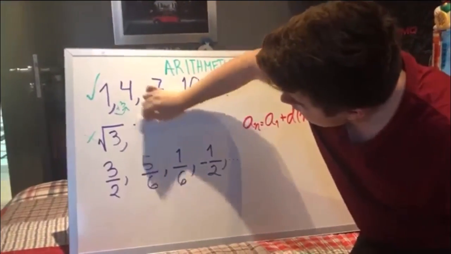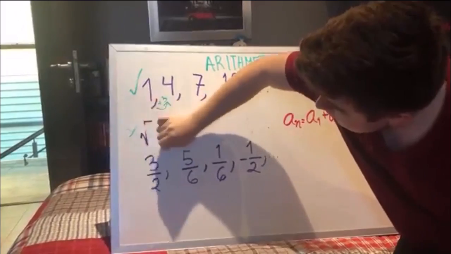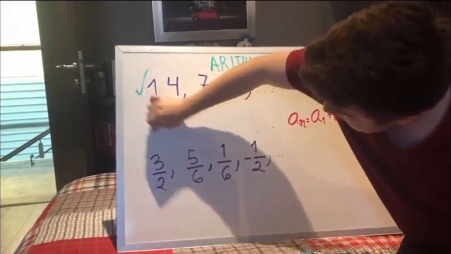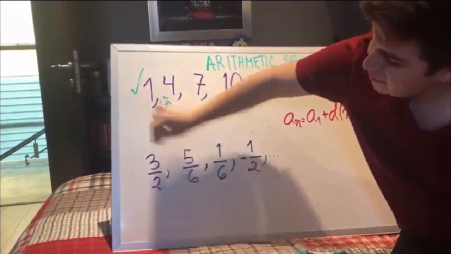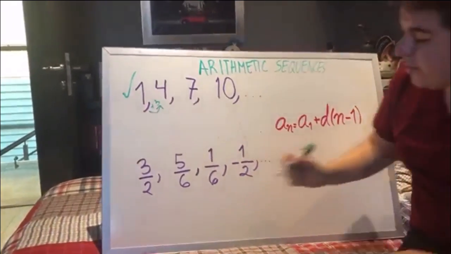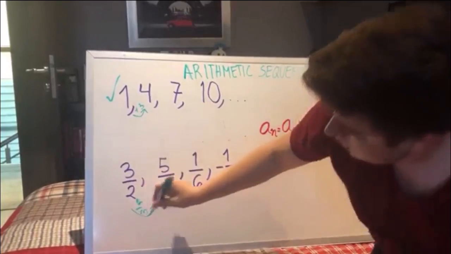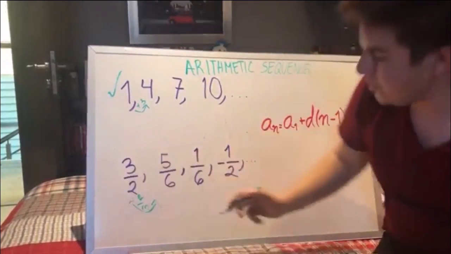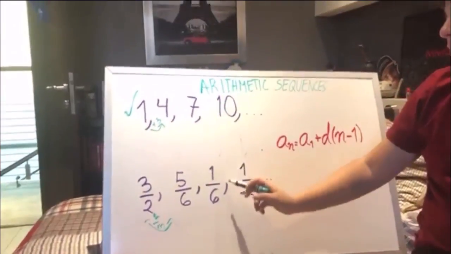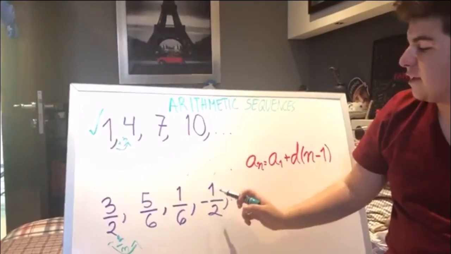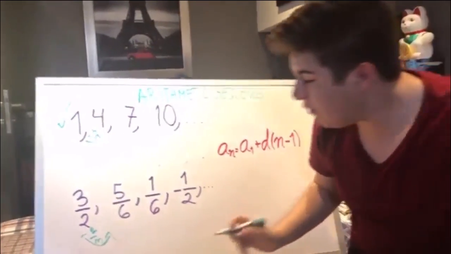at first it is tricky, but if we really focus on it, we can tell that to get from the first term to the second term, we have to subtract 2/3. And then we do the same to get from 5/6 to 1/6, and then the same to get to minus 1/2. How do we know that?